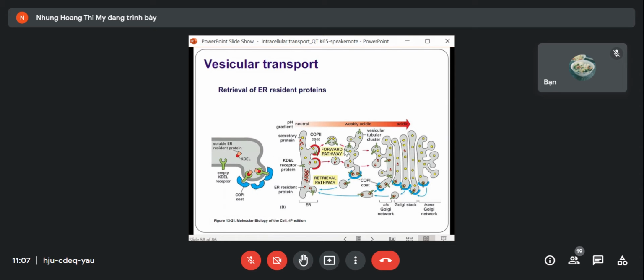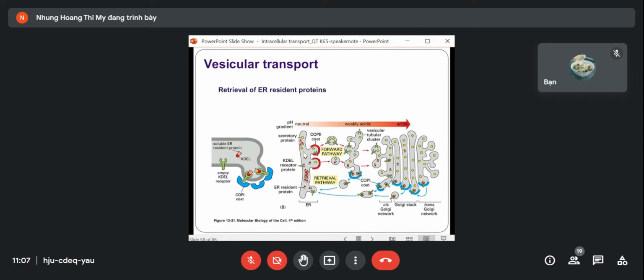Okay, so you see here in the right image, from the ER they need to transport the soluble protein, presented as the yellow square. This yellow square belongs to the secretory protein, and it needs to be transported to the Golgi apparatus.